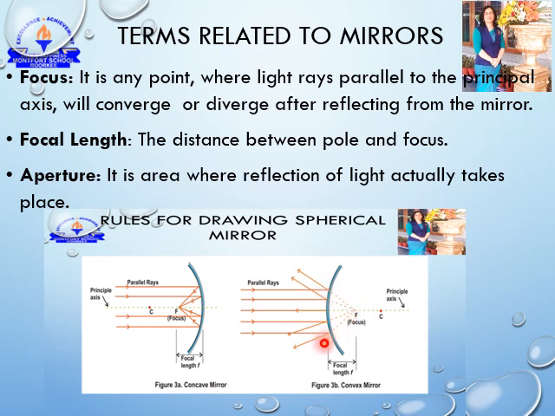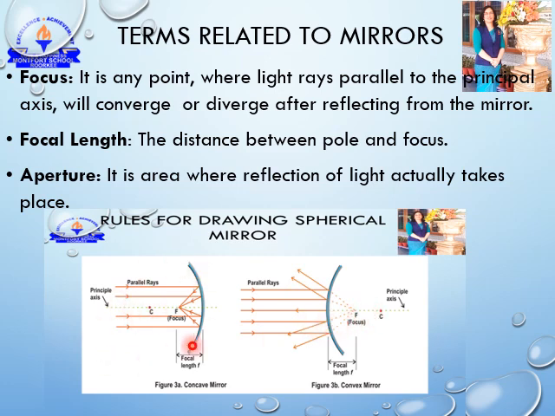Wherever these rays meet, this point is known as the focus of that mirror. So in this case, the focus of the convex mirror is this point. This is the point where you can see divergence of rays taking place. So in a concave mirror convergence takes place, and in a convex mirror divergence takes place.